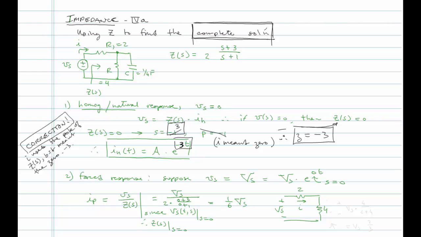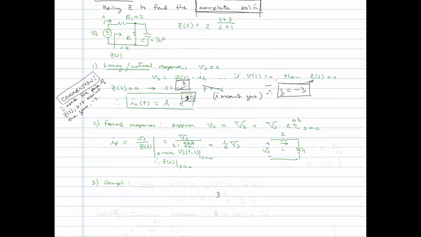Now we can write the complete solution. I is equal to I homogeneous plus I particular, which will be A e to the -1t plus 1/6 Vs.